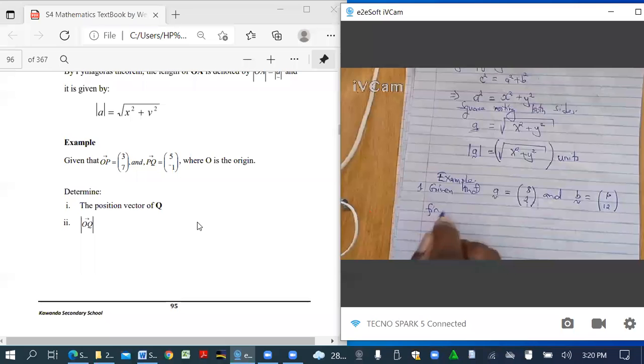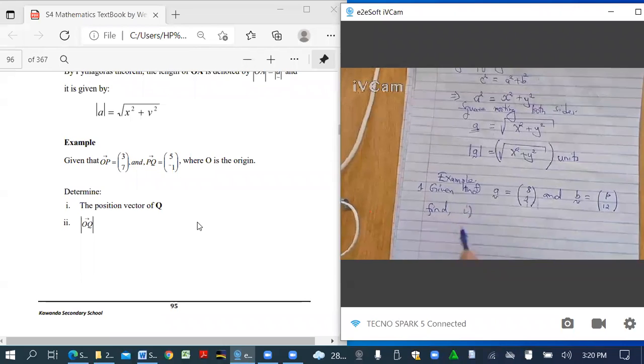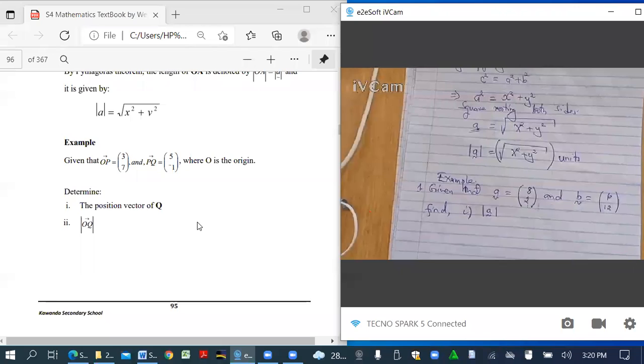Find, Roman one, the magnitude of vector A.